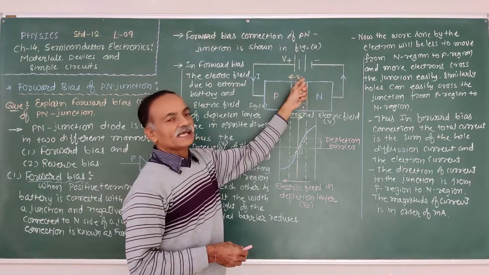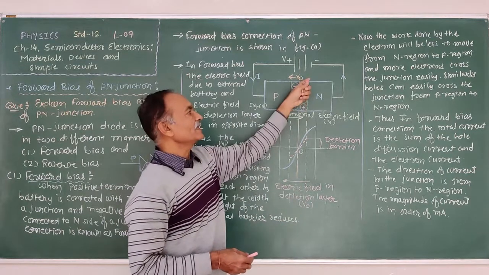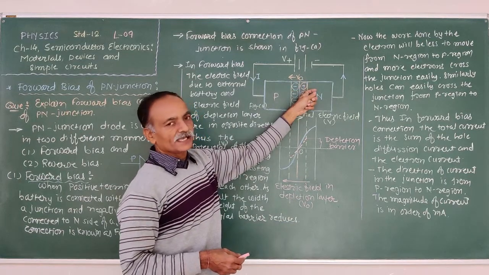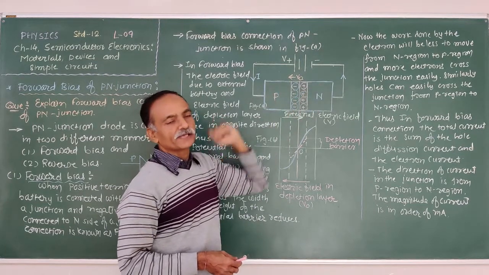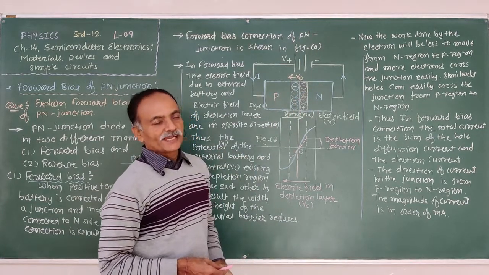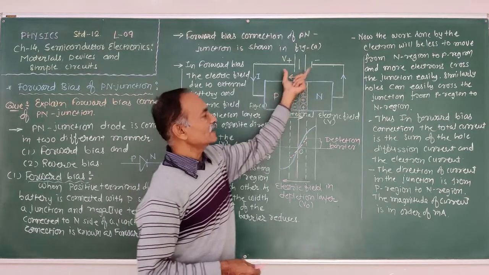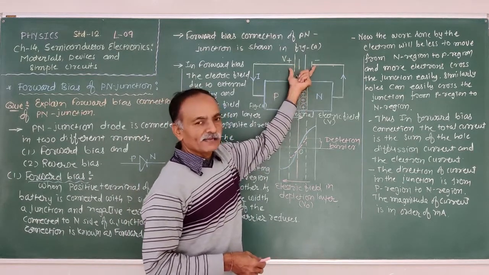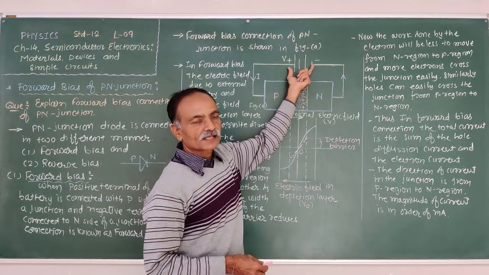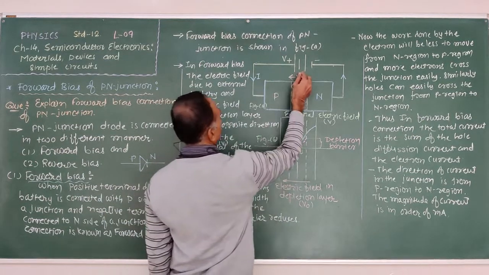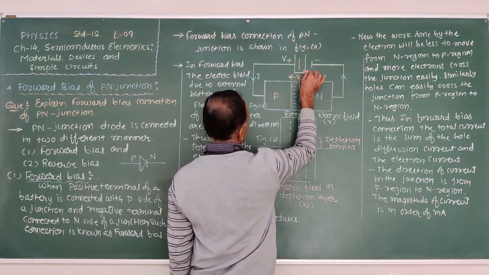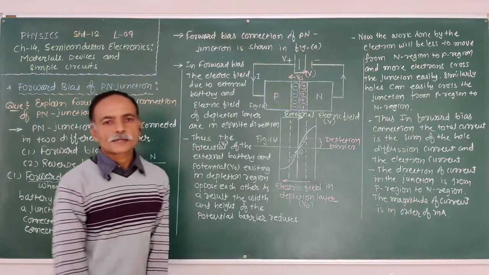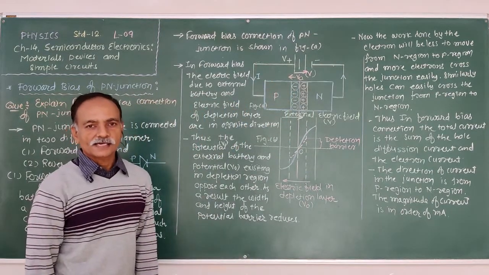Its potential is V0. Therefore, the direction of the electric potential in the depletion layer is from N to P. Now we connect this PN junction with an external battery in forward bias. The applied voltage is in this direction, from positive to negative. Clear?